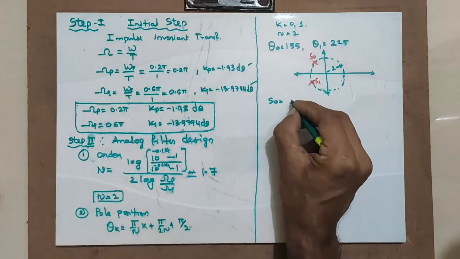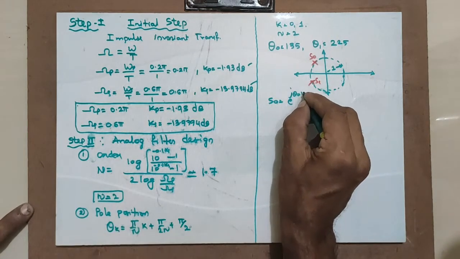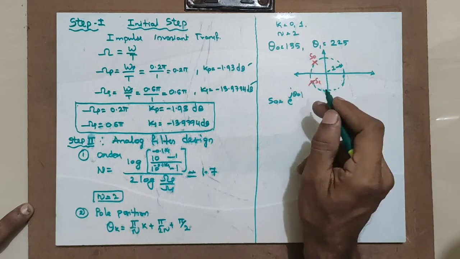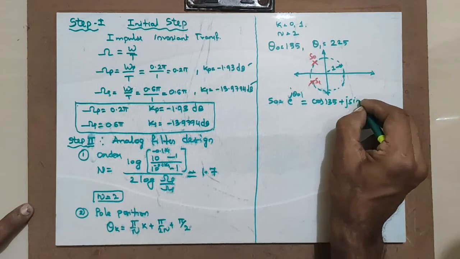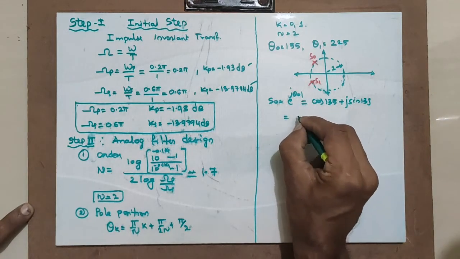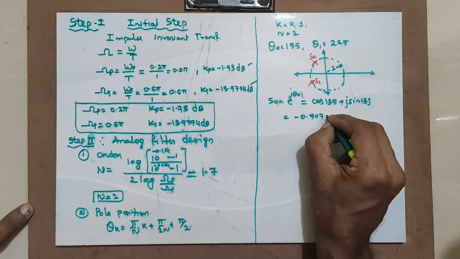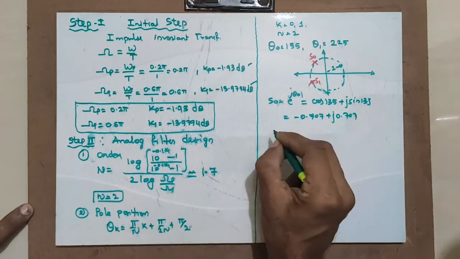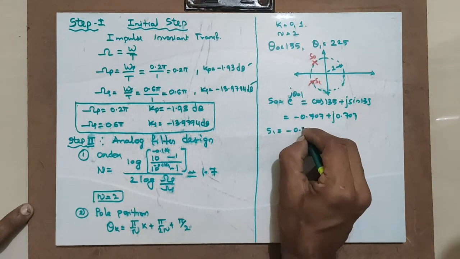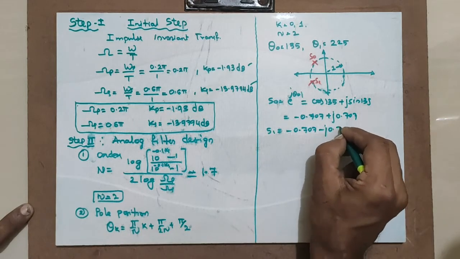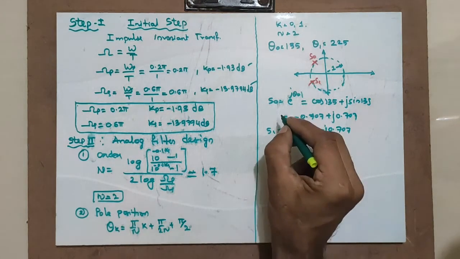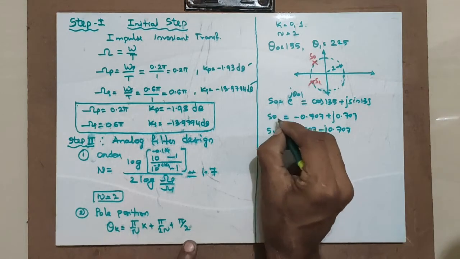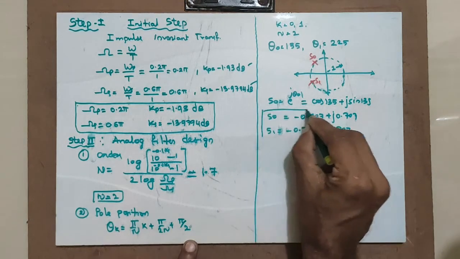S0 is equal to e raised to j theta naught, which is equal to cos 135 plus j sin 135. It comes out to be minus 0.707 plus j 0.707. Similarly, S1 comes out to be minus 0.707 minus j 0.707. These two become complex conjugate roots, S0 and S1. I have completed pole positions.